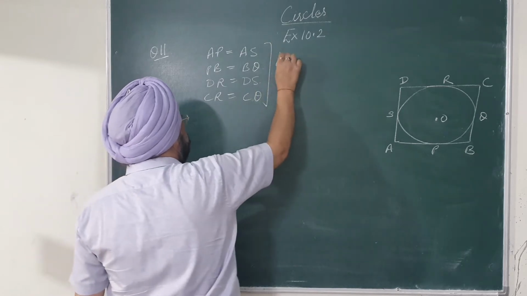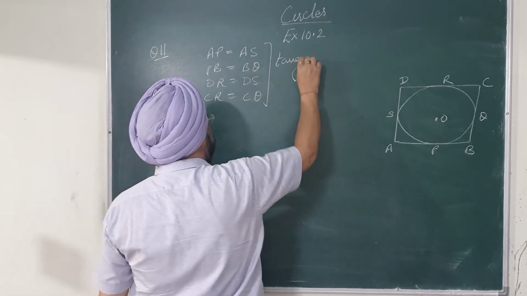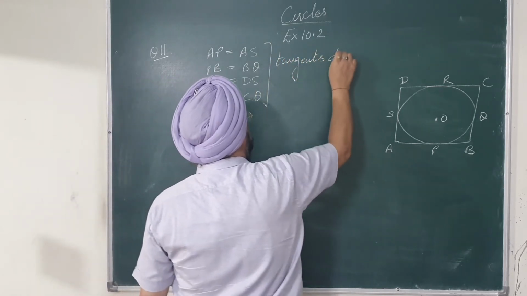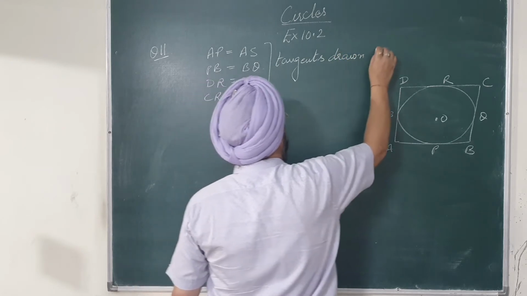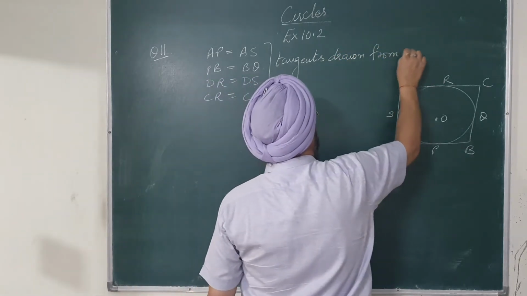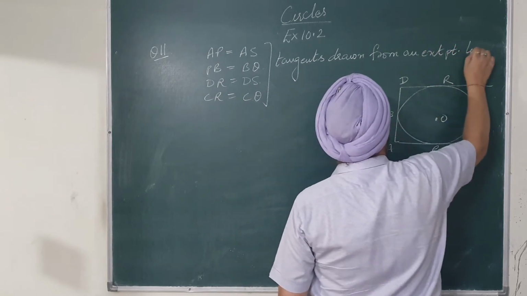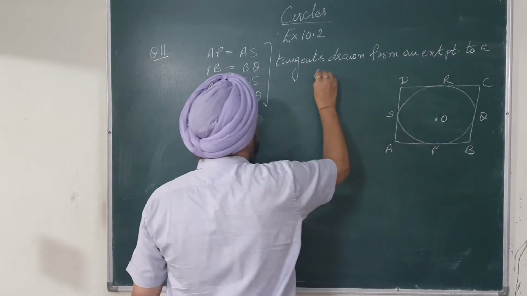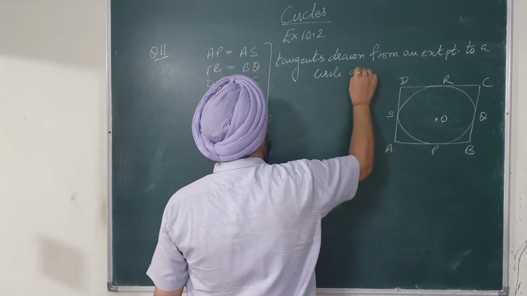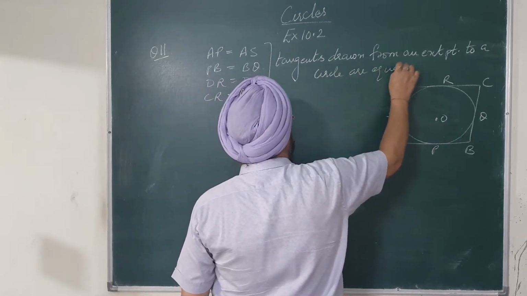The reason is the same: the tangents drawn from an external point to a circle are equal.